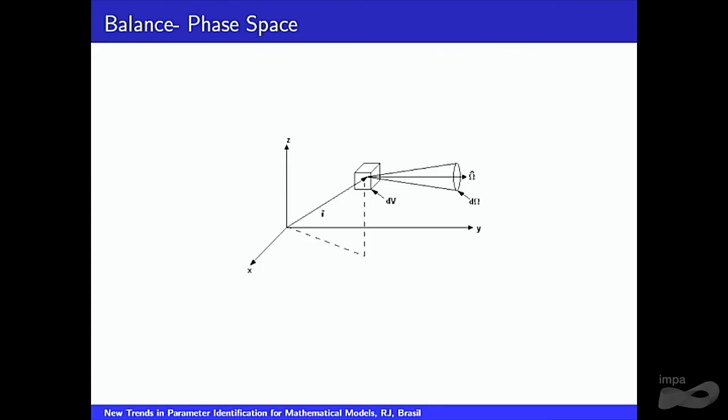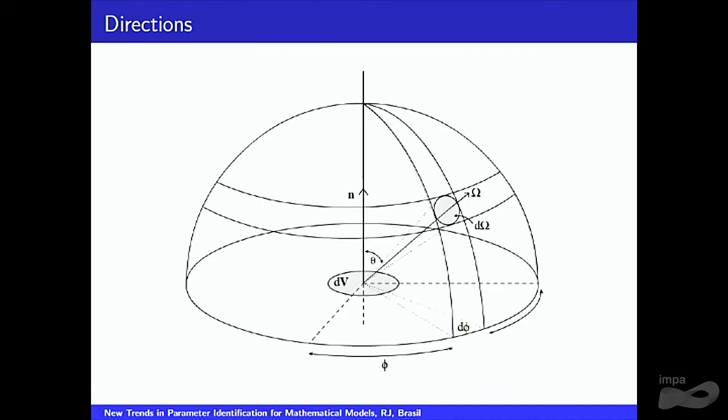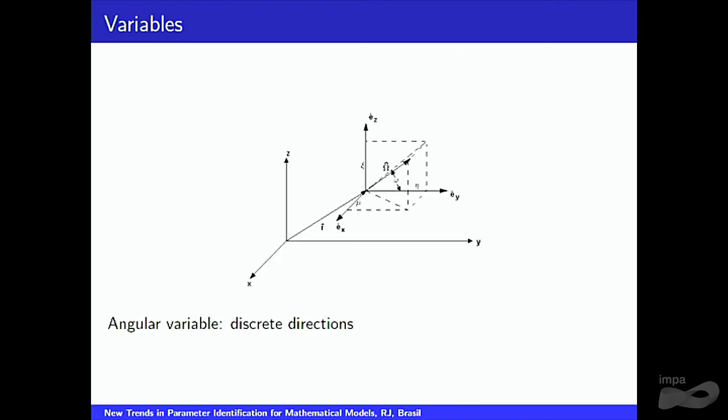And, sorry, that's not working very well. In a direction omega about this solid angle. And I have to consider the directions of the particles in the whole unitary sphere, such that I have to deal with two different coordinate systems.